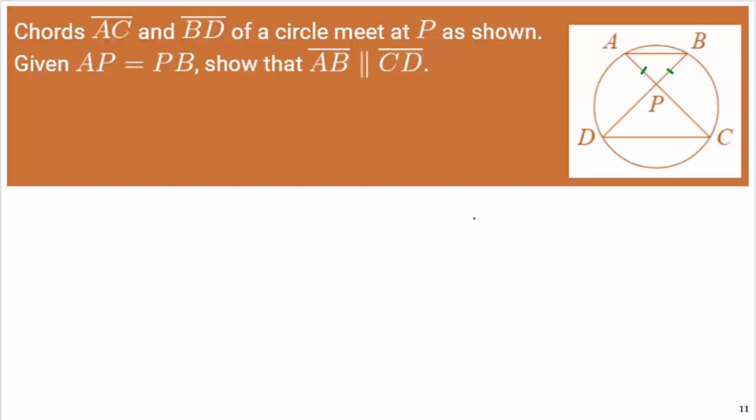Okay, have you finished? Okay, first of all, since AP equals PB, we have angle PBA equals angle PAB, right? This angle equals this angle in that isosceles triangle.